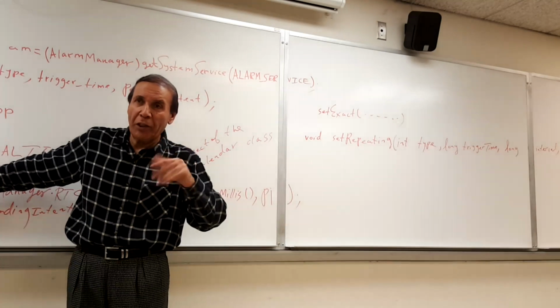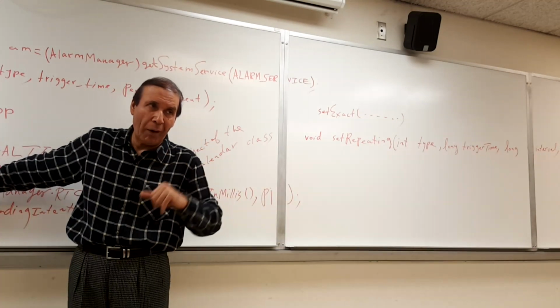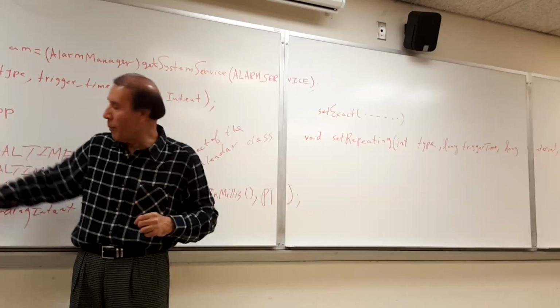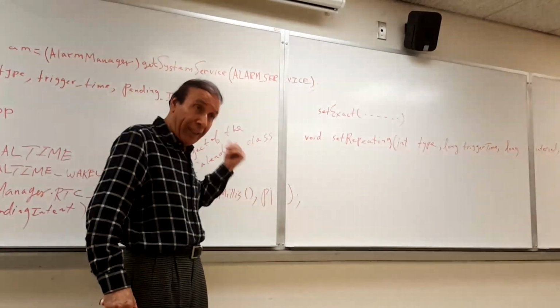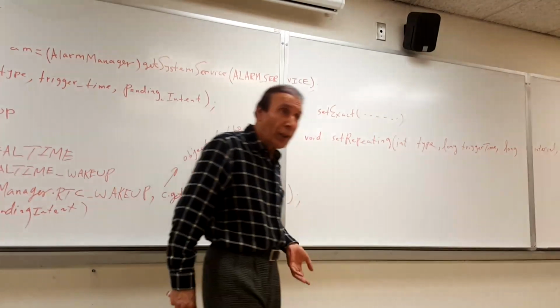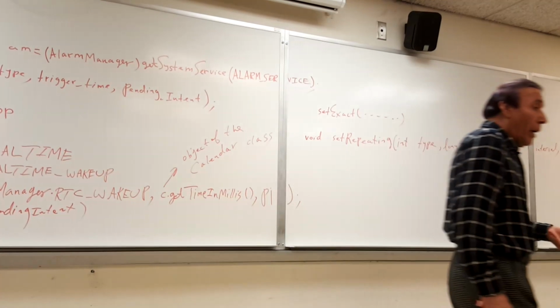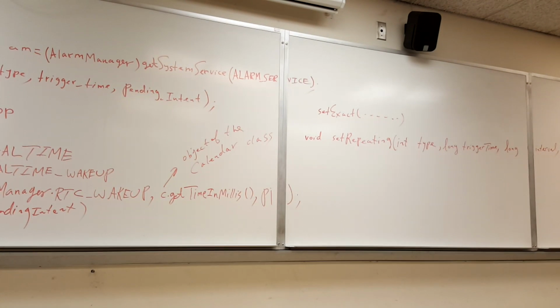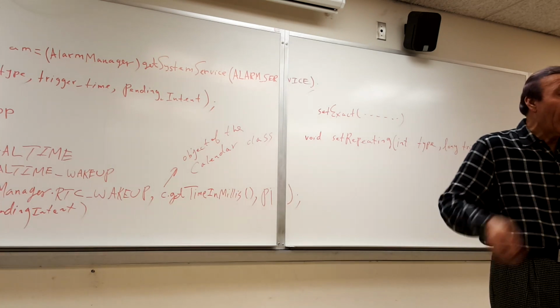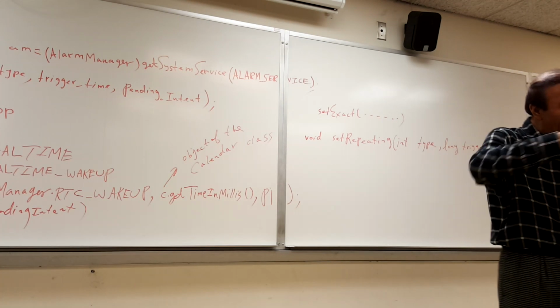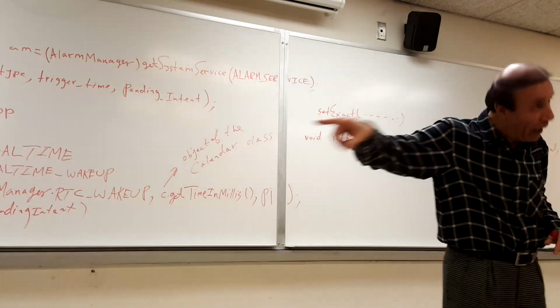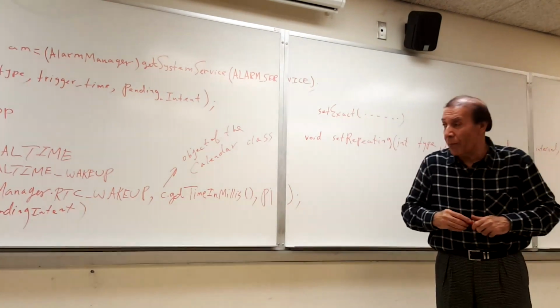But beginning with KitKat there was a timing problem. Set exact was working until Marshmallow, but in Marshmallow it was not working properly. It was working, but the timing was a bit off, okay? And they made another one, set for a specific window, which I have not discussed. I'm going to talk about it.